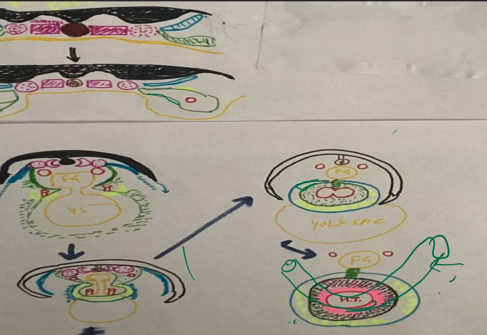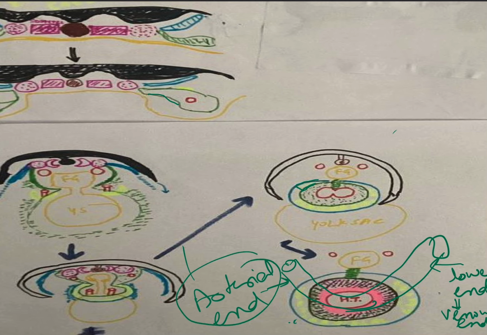This lower end, I have explained, is the venous end, while the upper end is the arterial end. This tube starts invaginating into the pericardial cavity like this.